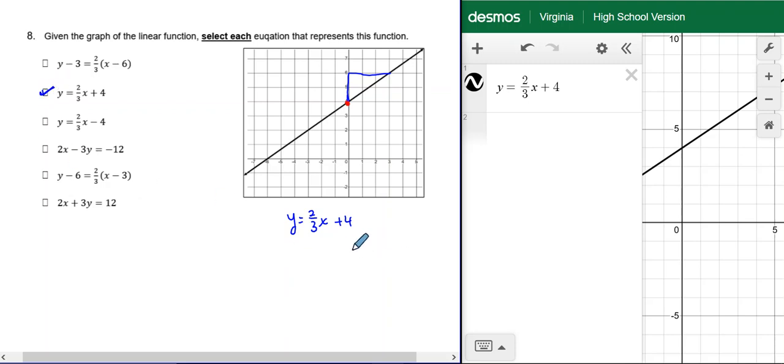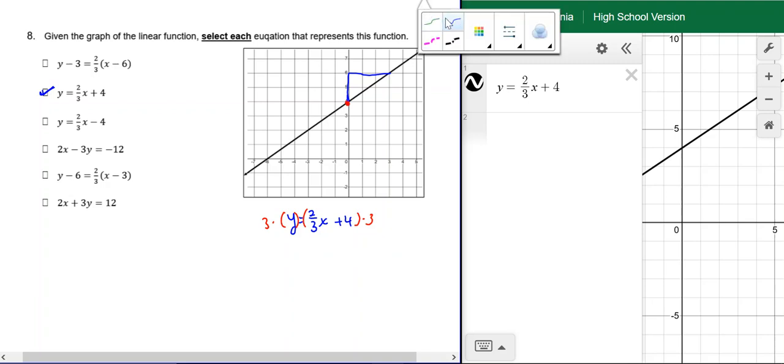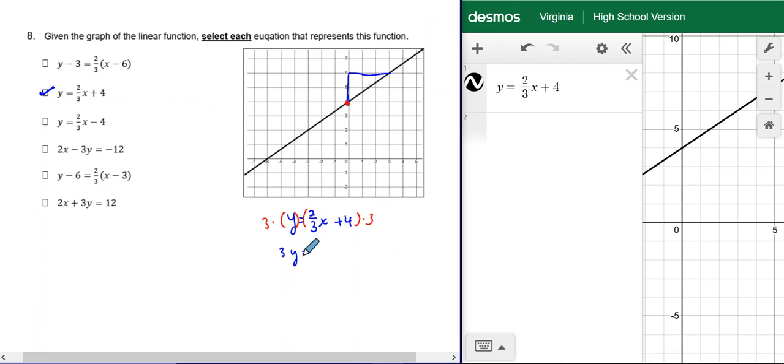From here, usually what we do is we convert this into a standard form. So to convert it into a standard form, we always multiply both sides by 3. So that would be 3y equals, and then you distribute this.